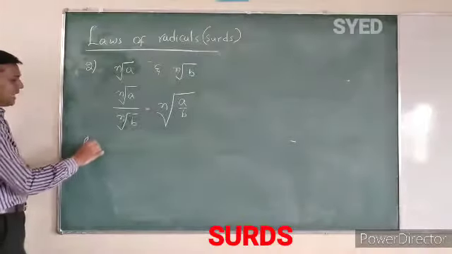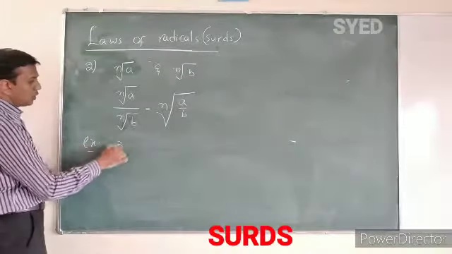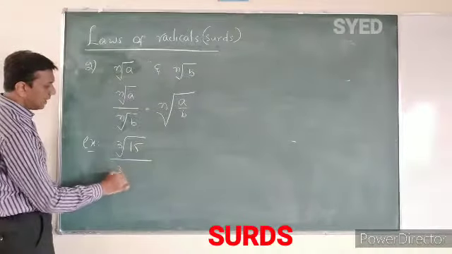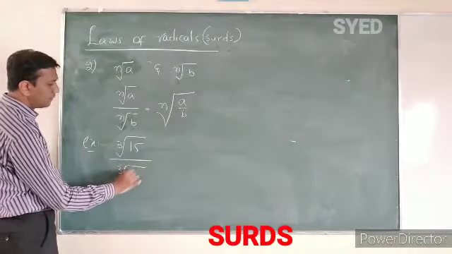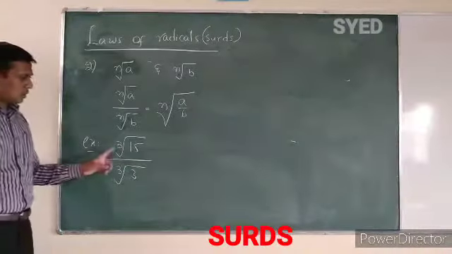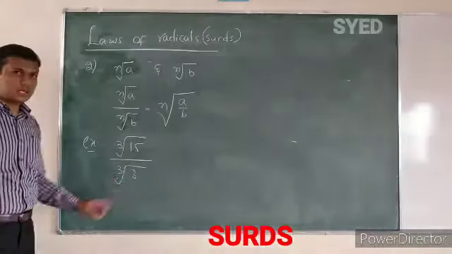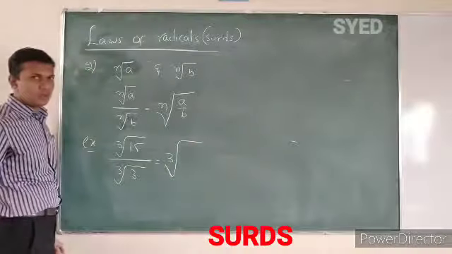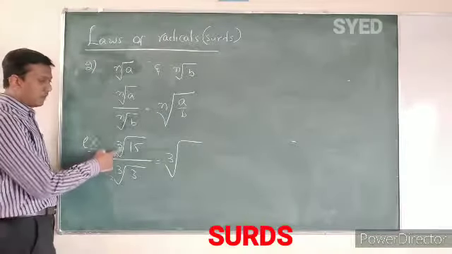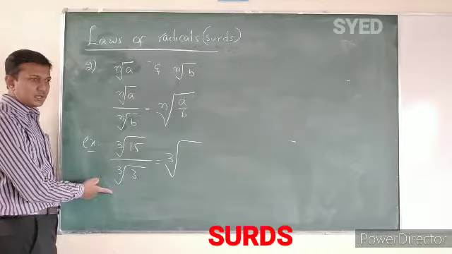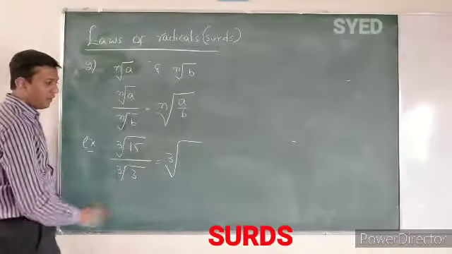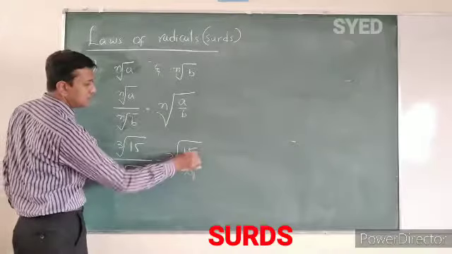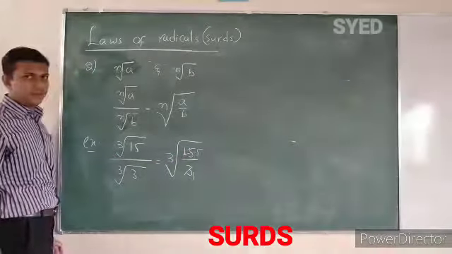So if you see the example, cube root 15 divided by cube root 3, we can write it as cube root of 15 by 3. 3 ones are 3, 3 fives are 15, so we can simplify.